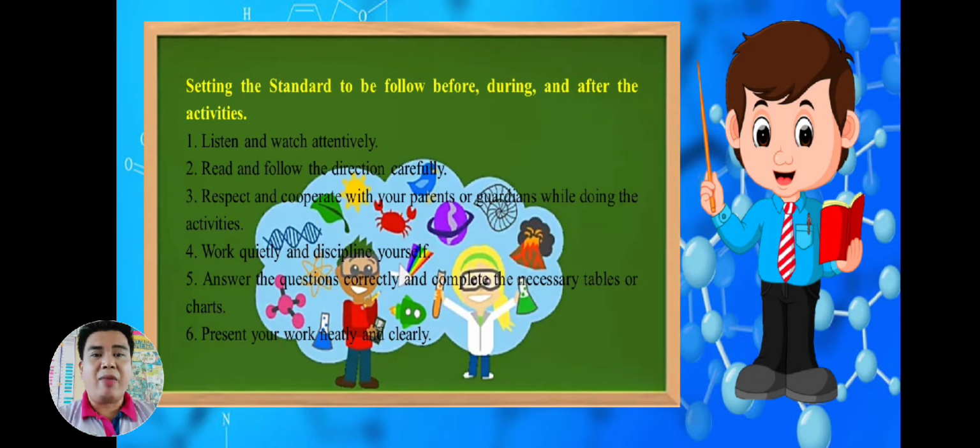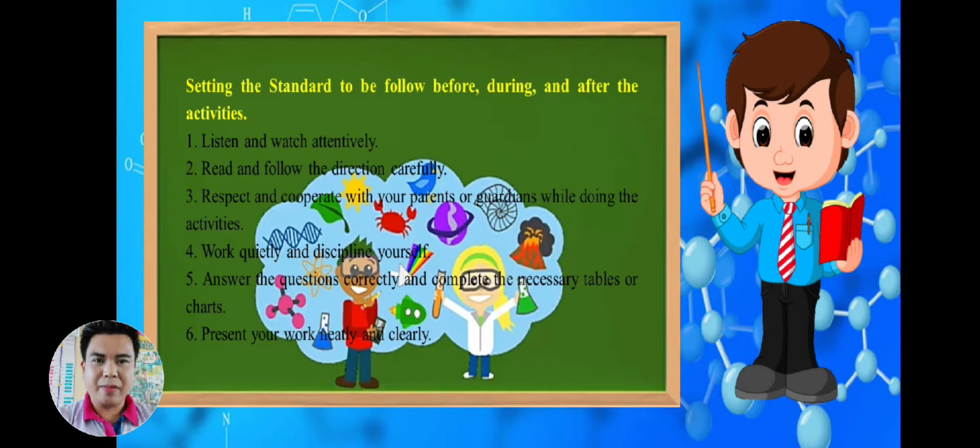Before we go on to our new discussion and lesson for today, let us go over the standards to be followed before, during, and after the activities. The first one, listen and watch attentively. Read and follow the directions carefully. And the most important, number 3, respect and cooperate with your parents or guardian while doing the activities, as your guide at home to answer and do the different learning tasks for today.